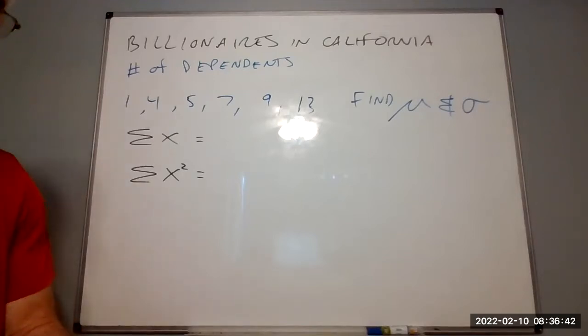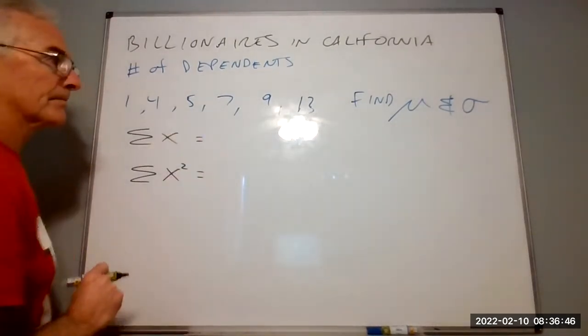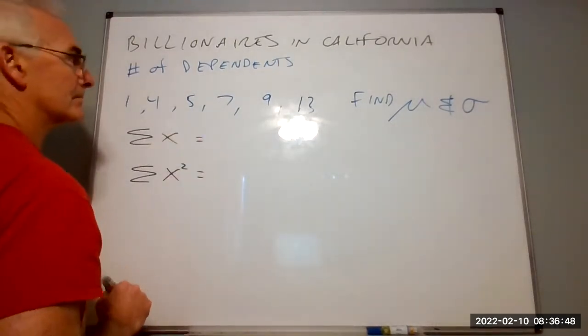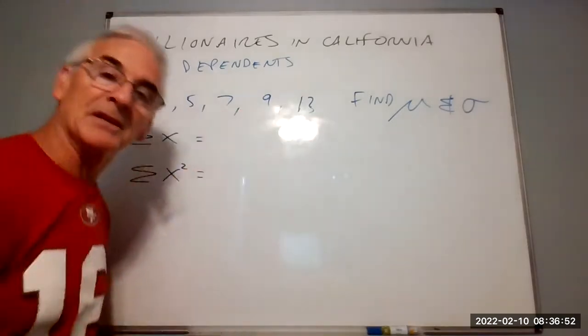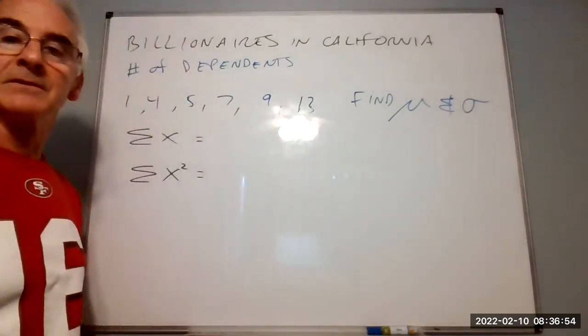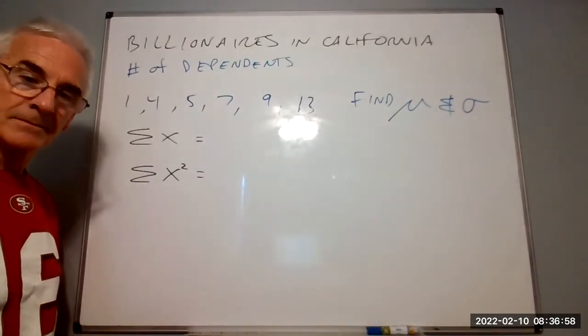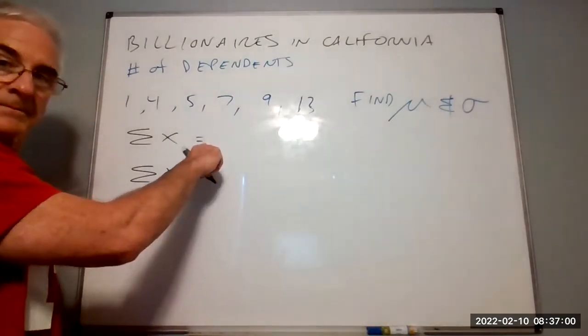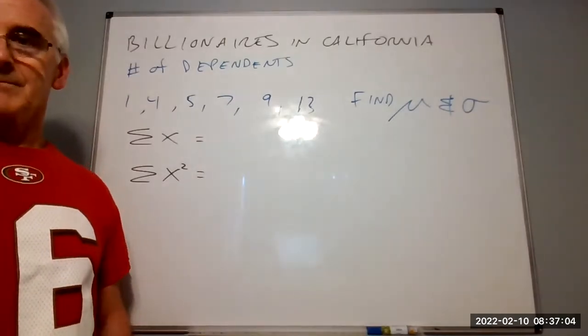Okay. Does anybody have the sum of the numbers? 1, 4, 5, 7, 9, 13, in case you can't see it clearly. Anybody got the first one? Just to clarify, since there's no repeated values, do we just add them together?